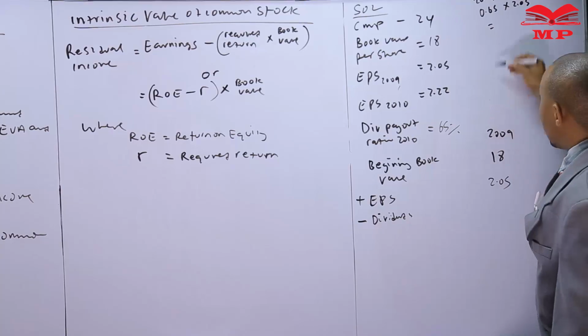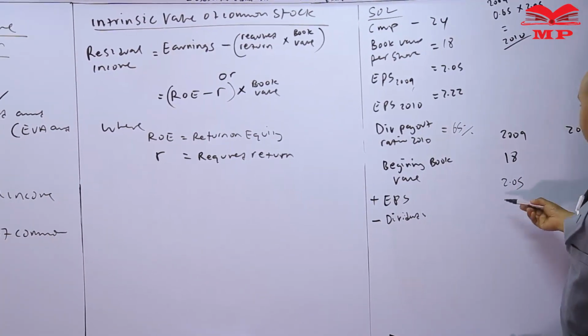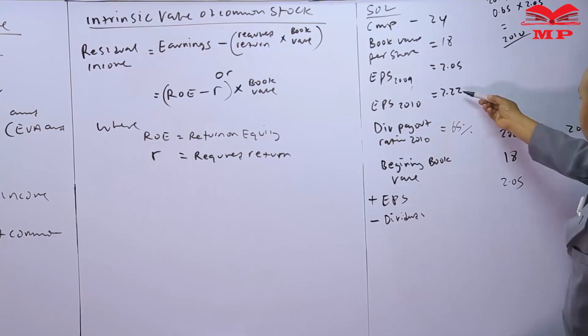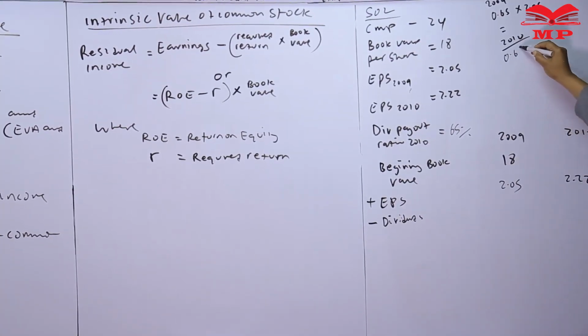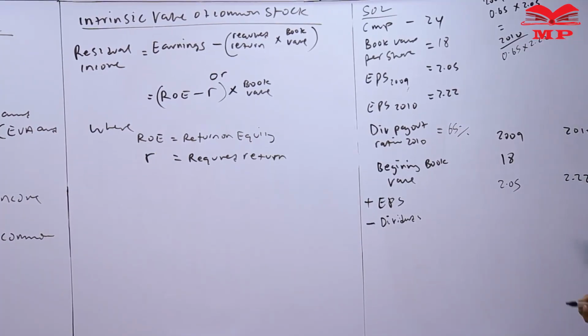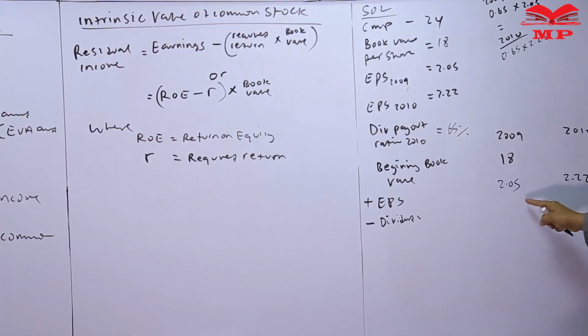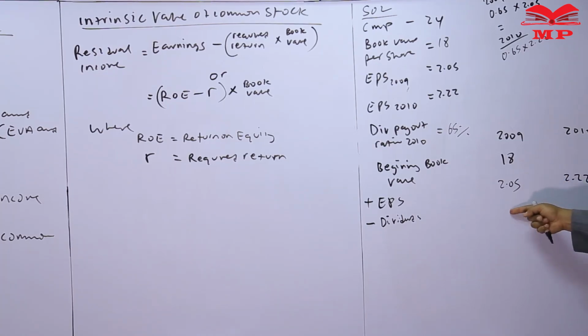And for 2010, we have the EPS right over here, 2.22, so it is 0.65 multiplied by 2.22. Notice one thing, we do not have the forecasted book value right over here. That is what we're trying to determine by getting the dividends. So we get 18 plus 2.05, then you less a value over here so that we can get the forecasted book value.